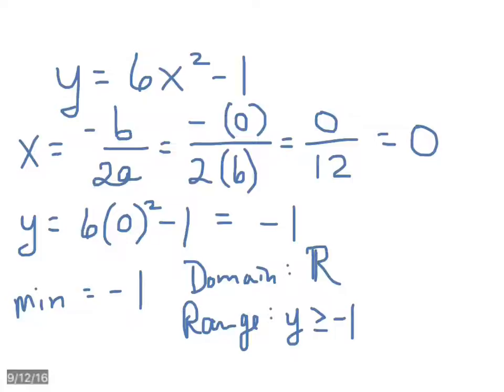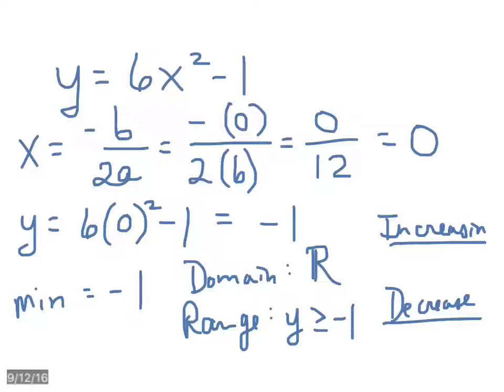Okay? Now, the other part is going to ask you to tell me when the function is increasing versus decreasing. So it's 3 parts. If it opens up, you said on the left-hand side, was that increasing or decreasing?